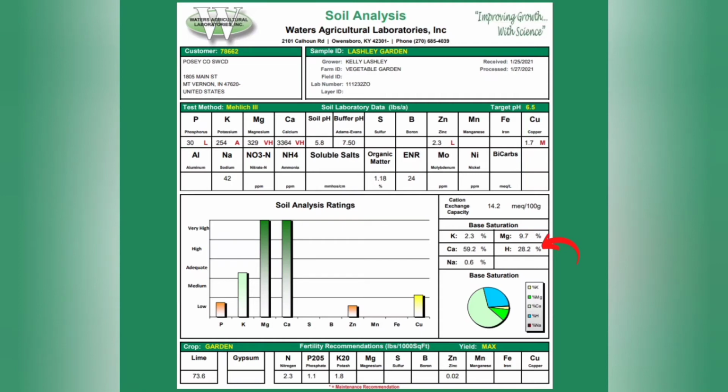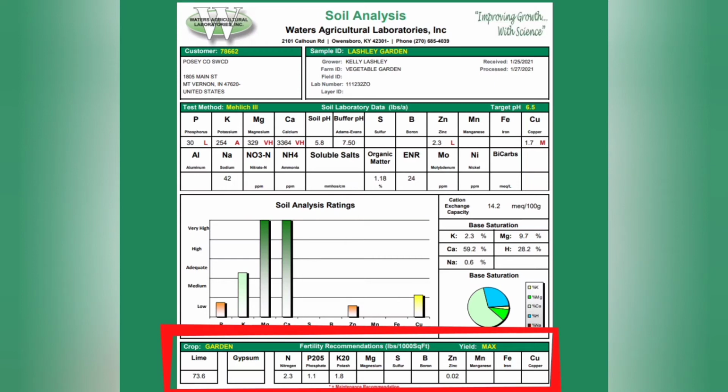So that is what the base saturation chart is showing you: what percentage of each of those nutrients is available for the plants. Plants do not need the hydrogen as much, but they need the other nutrients more. So you want to decrease the hydrogen amount and increase the other availability.